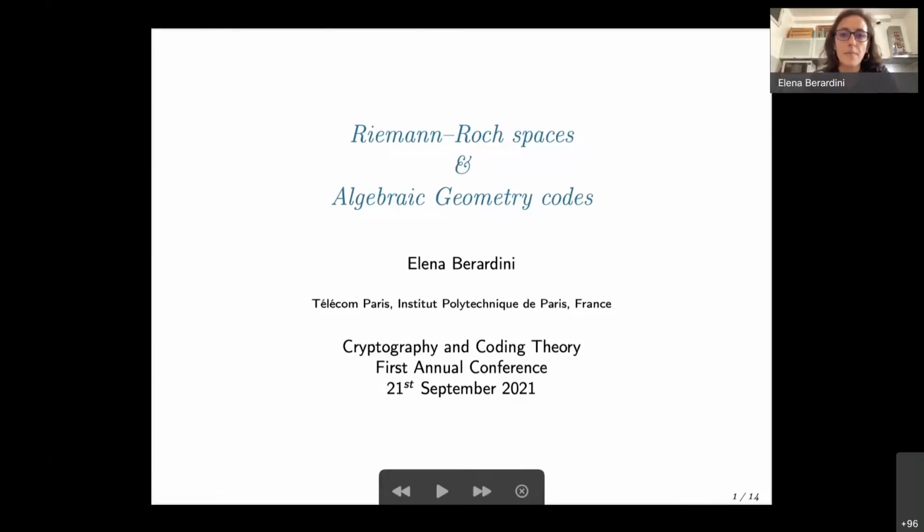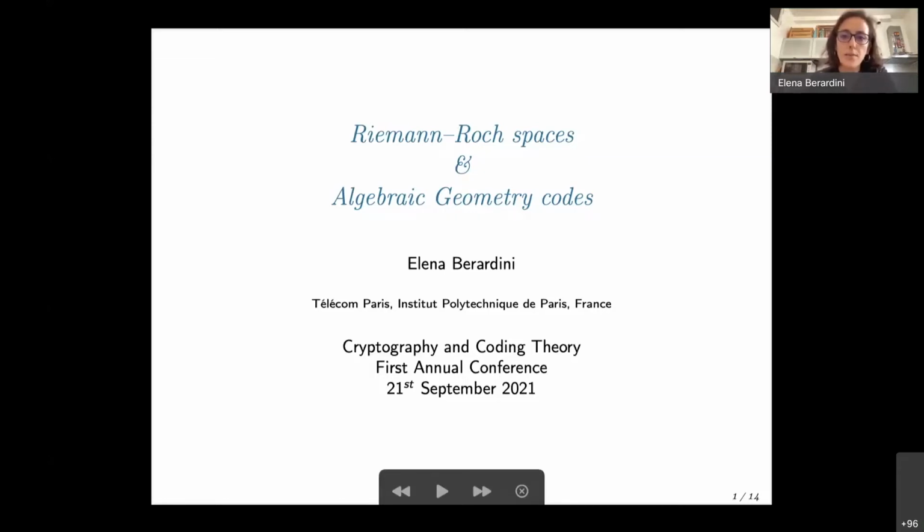My talk will focus on Riemann-Roch spaces and the important role that they play in coding theory, and in particular in the construction of some codes called AG codes. I will talk about these spaces from two different points of view.